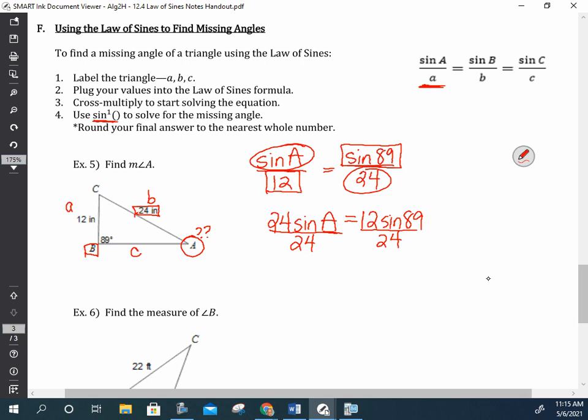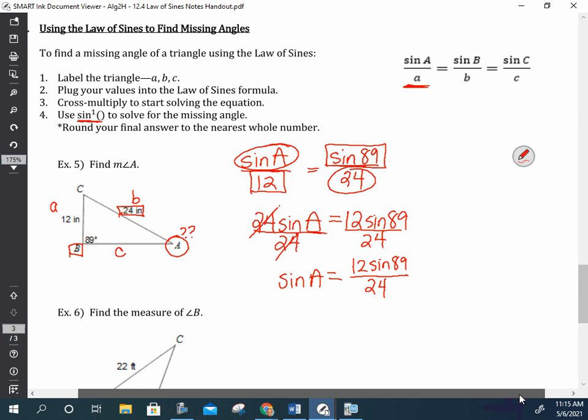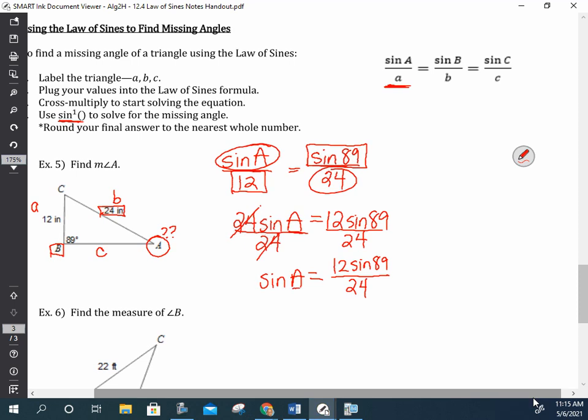You cannot take sine inverse if there's a number sitting in front. Sine A equals 12 sine 89 over 24. You can't find an angle until you do the inverse. Sine inverse of 12 sine 89 over 24.